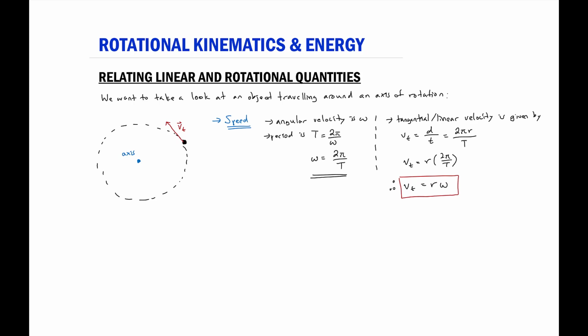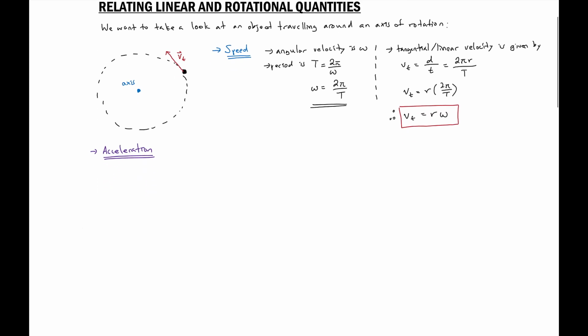Now let's take a look at acceleration. So we know that angular acceleration in the rotational world is given by alpha equals delta omega over delta t.